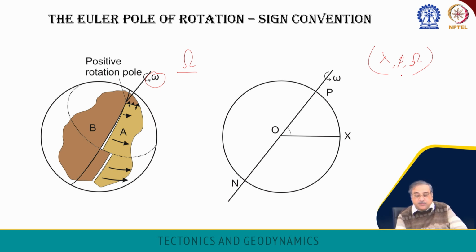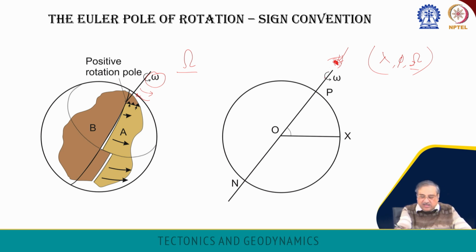However, we must keep certain things in mind here. There is a sign convention that we must follow. Whenever there is a rotation by a magnitude omega, it can be either clockwise, so it can rotate this way, but it can also rotate that way. Now, we have to adopt some kind of convention for this. The convention that we use is, when we are looking down the axis from outside the Earth, outside the sphere, so my eye is somewhere here, let us say, and I'm looking down here.